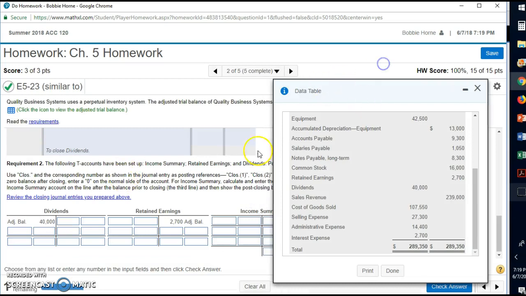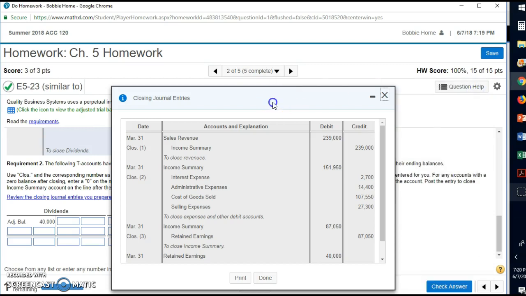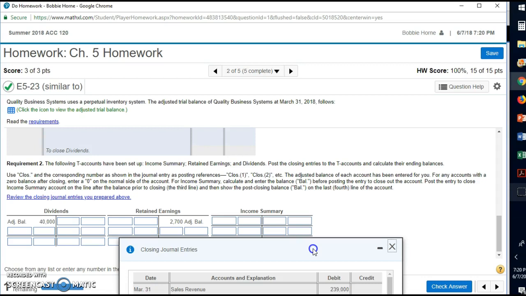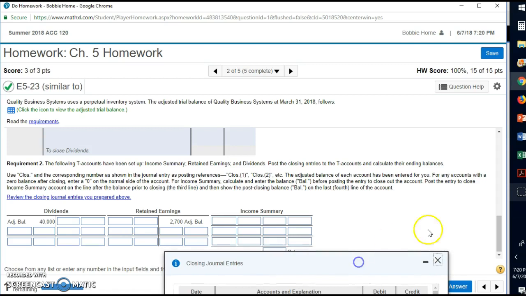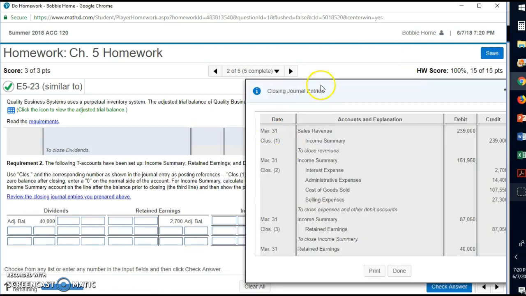Now all you're going to do is review the closing journal entries, and it says use the closing and show for income summary, calculate the balance, then show the post-closing balance on the last fourth line of the account. So I think we're doing everything.